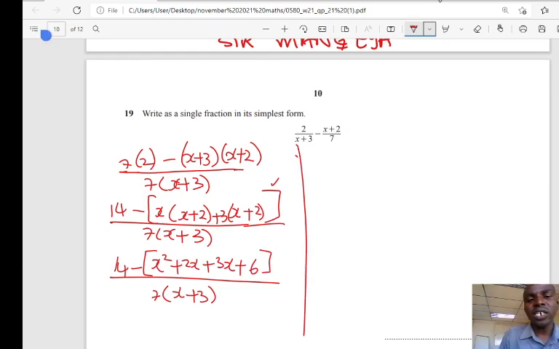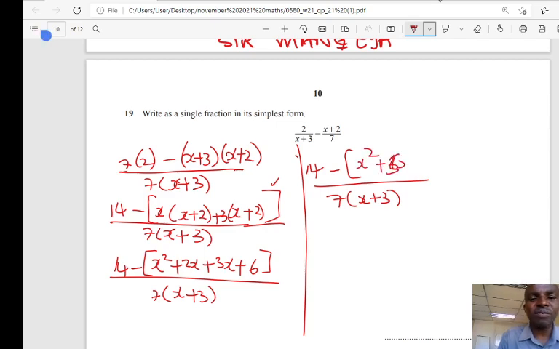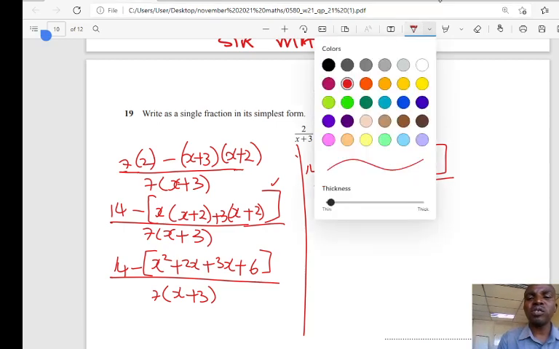Then after that, maintain your denominator, x plus 3. Then it will be 14. I maintain my 14 minus. Then it will be x squared plus 5x, 2x plus 3x is 5x, plus 6. Now I have simplified inside this big bracket. I now have to put a 1 to remove this bracket.